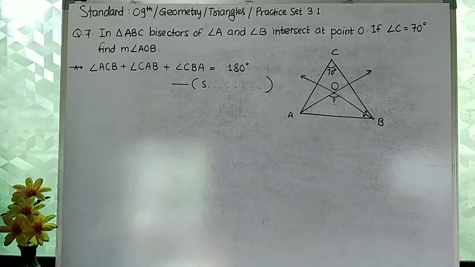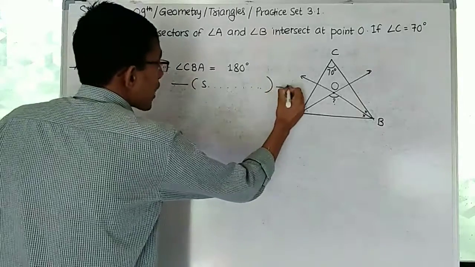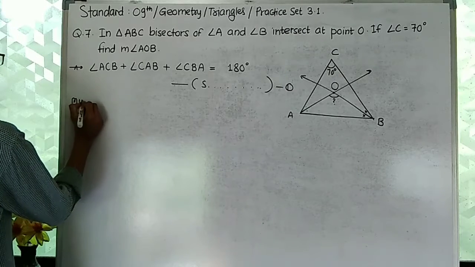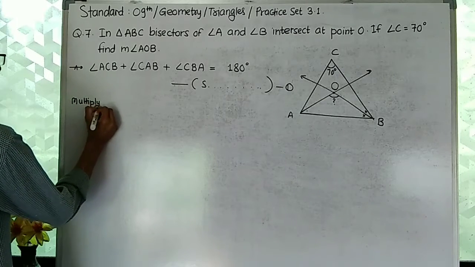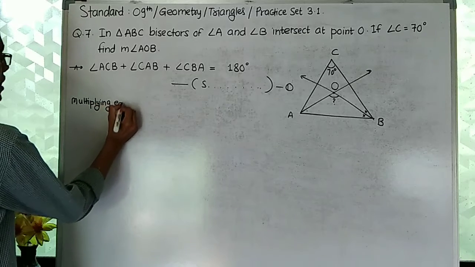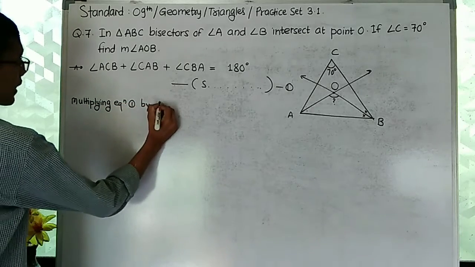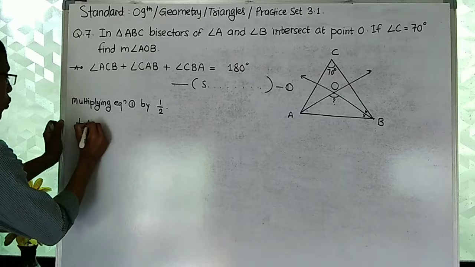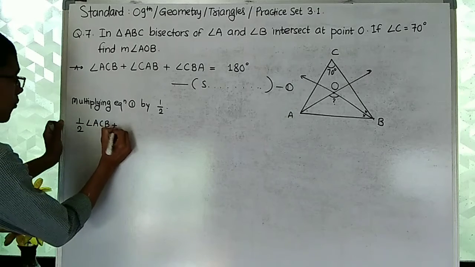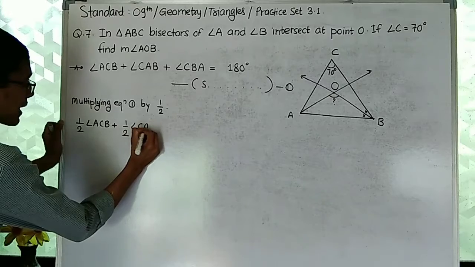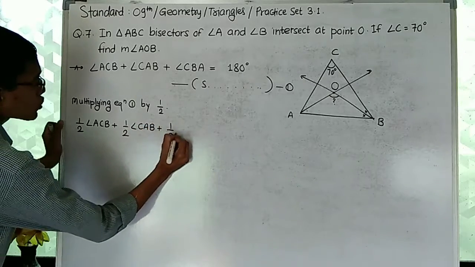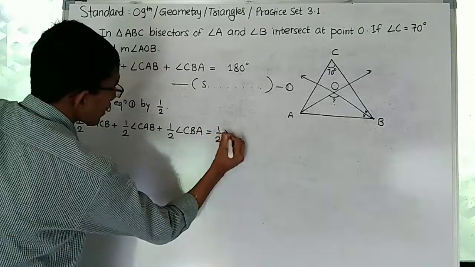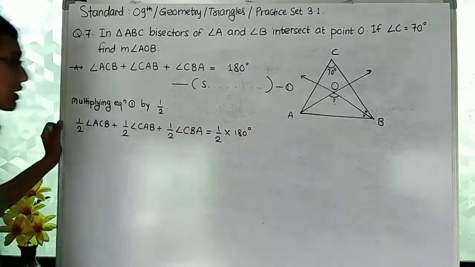Now what I will do, I will multiply my equation 1 by 1 upon 2, that is half. That will give me 1 upon 2 angle ACB plus 1 upon 2 angle CAB plus 1 upon 2 angle CBA is equal to 1 upon 2 into 180 degrees.